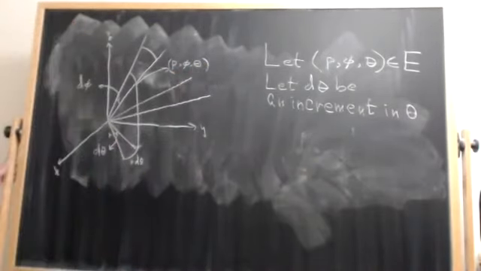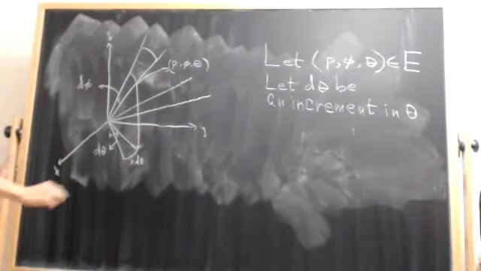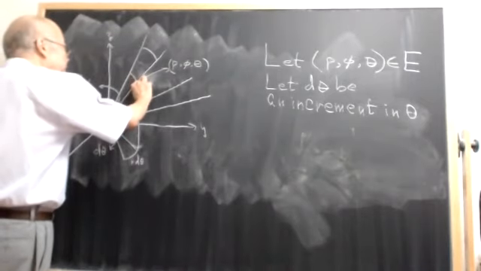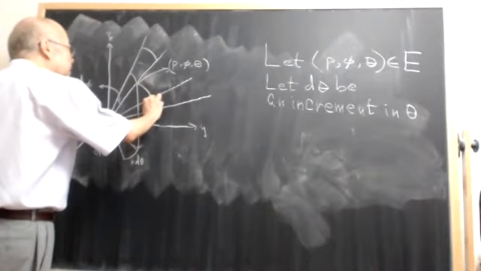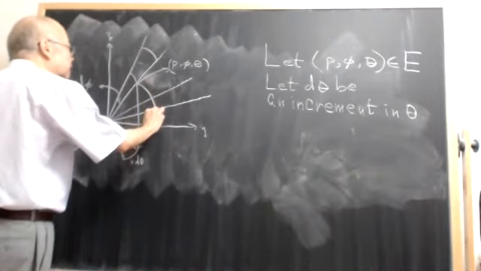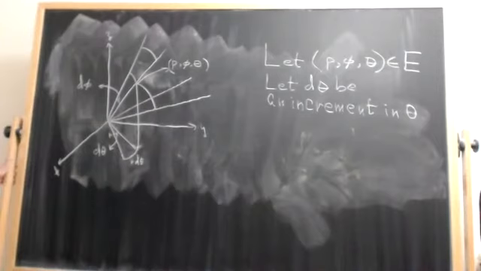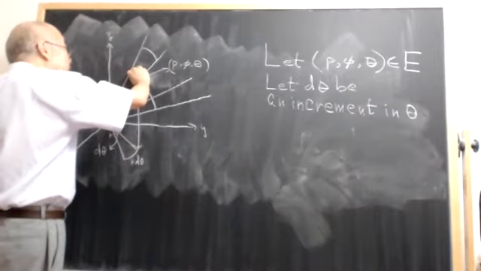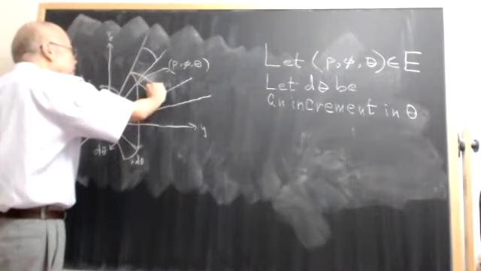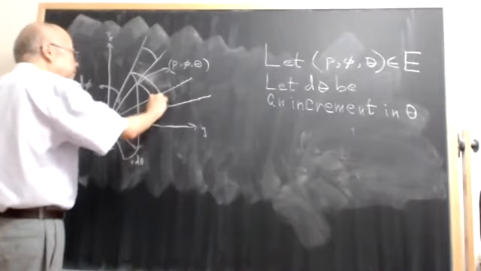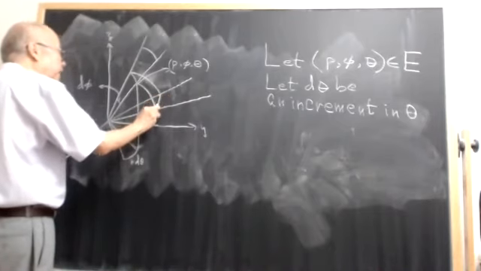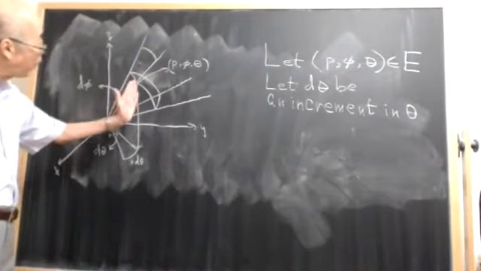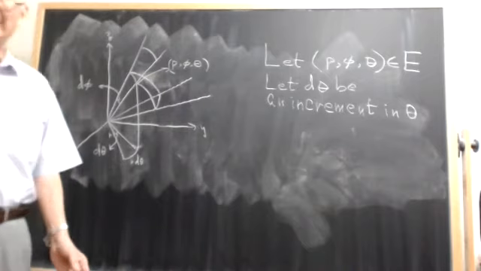Okay. And I am going to look at the following thing. And then this one will go to here, and rejoin this. So this is more or less like a rectangle, a curvilinear rectangle.